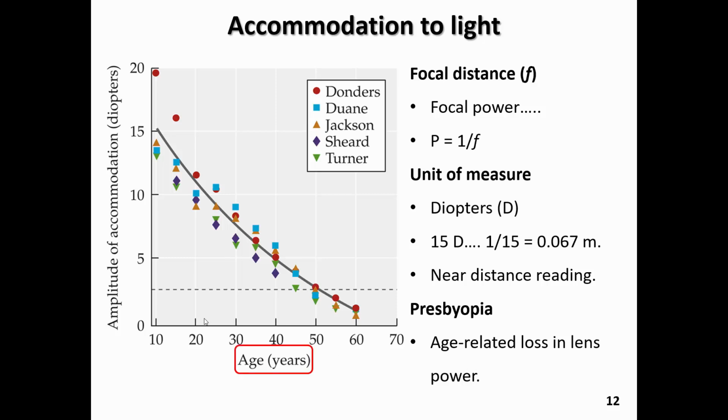On the graph on the left-hand side, along the x-axis, we see that our focal power is highest during the years of adolescence from 10 to 20, but starts to decrease continuously out to the age of 60. This is a measure of the accommodation ability, or focal power in diopters, and that decreases as a function of age.